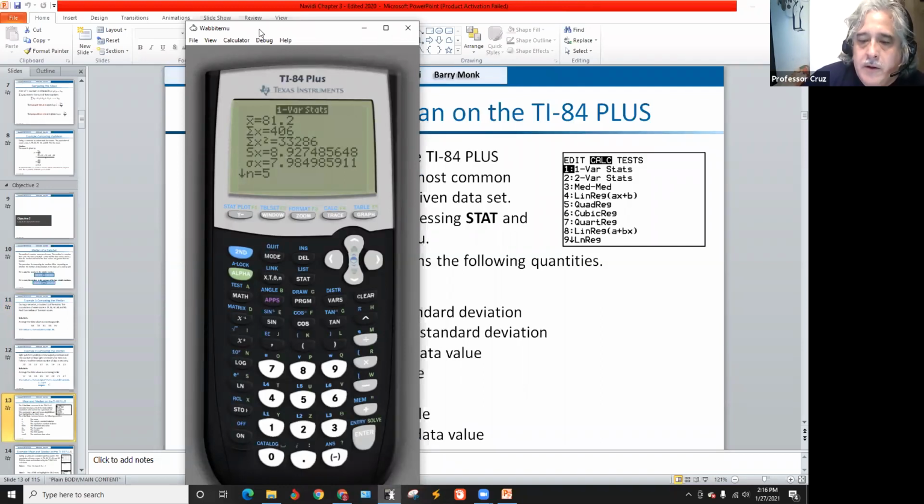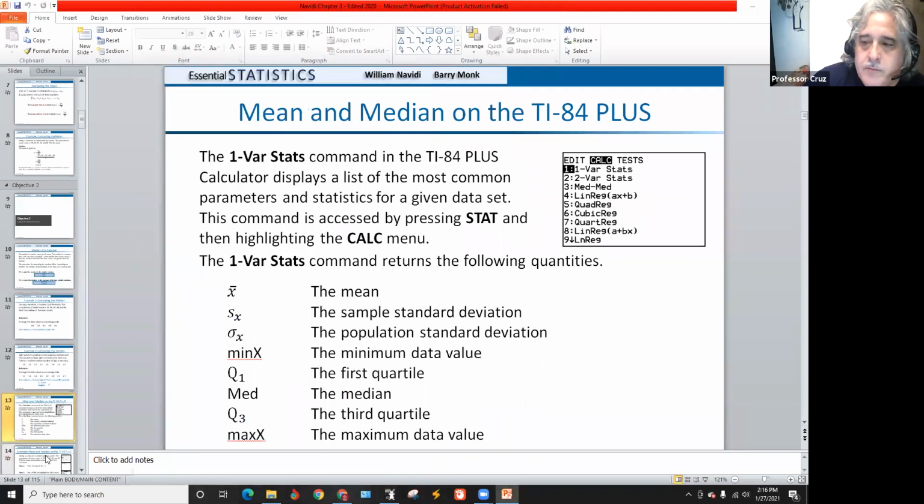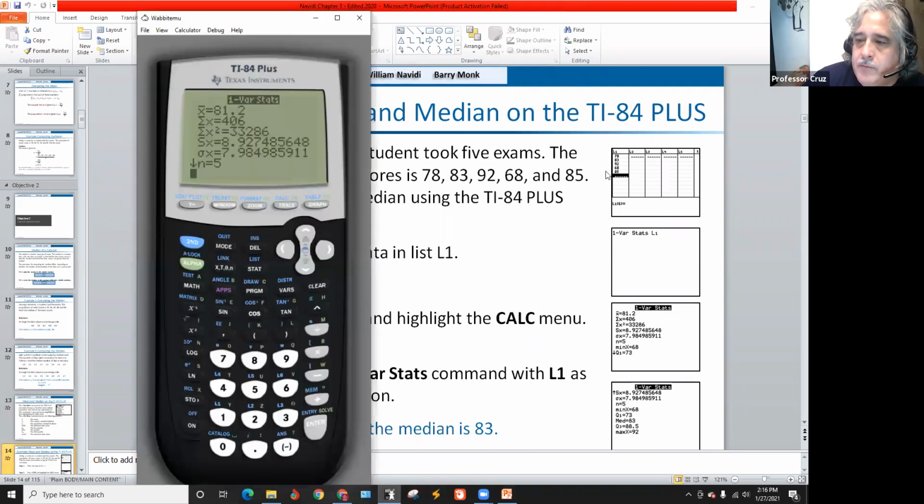I'll actually show you the whole procedure that I showed you. But all of these things right here, this is everything that you're going to have to calculate in chapter 3. You've got at the top the X bar, which is the mean.